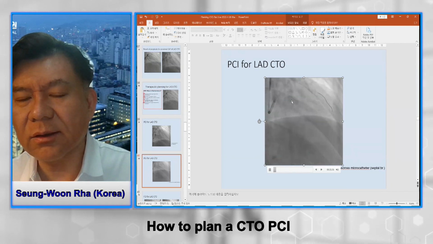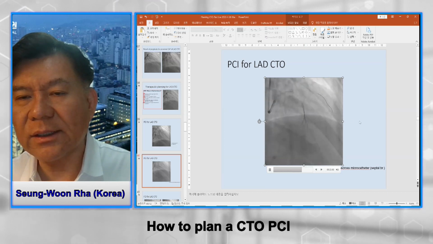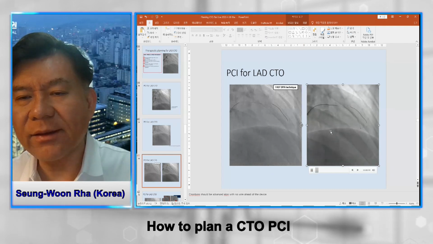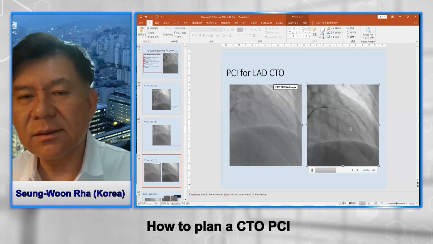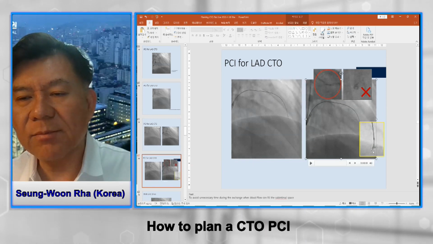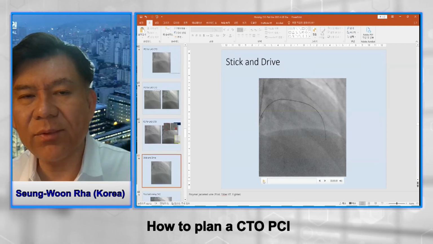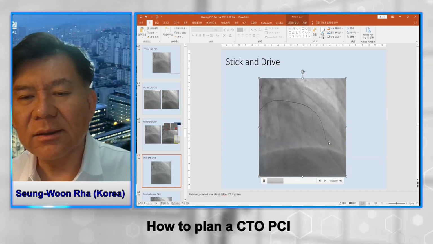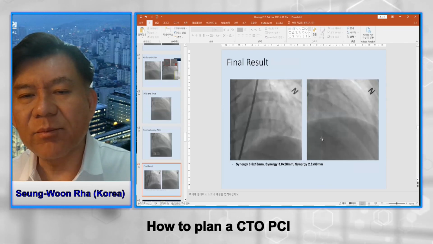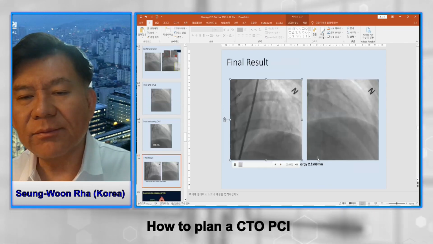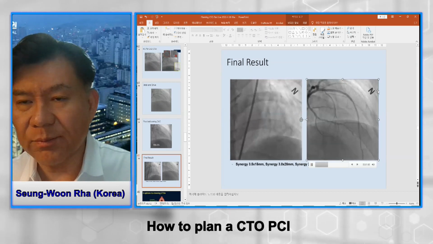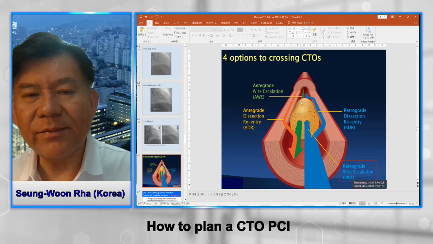Septal collateral showing the distal LAD, and then starting this reentry device, fast spin technique, checking the reentry needle, reentry performing, stick and drive, penetration, and then re-enter, and balloon, and you can find this is a nice performance of this CTO device.